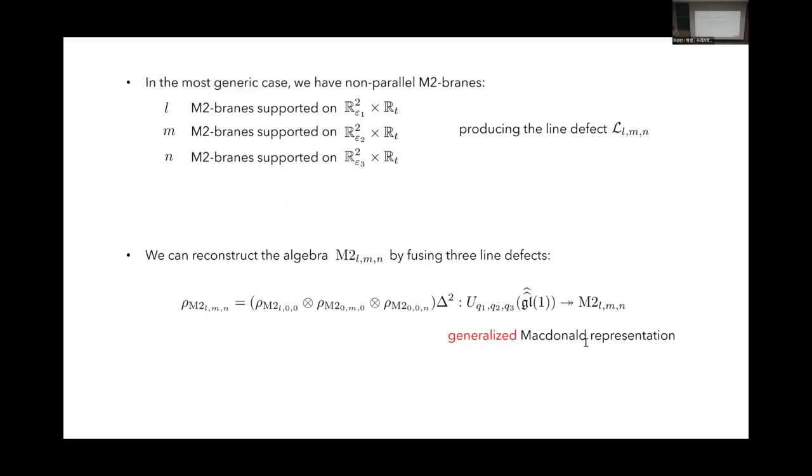Okay, maybe we can do something more interesting. Let's get into the most generic case where you have L M2 branes supported on the first R2, M M2 branes supported on the second R2, and N M2 branes on the third R2.